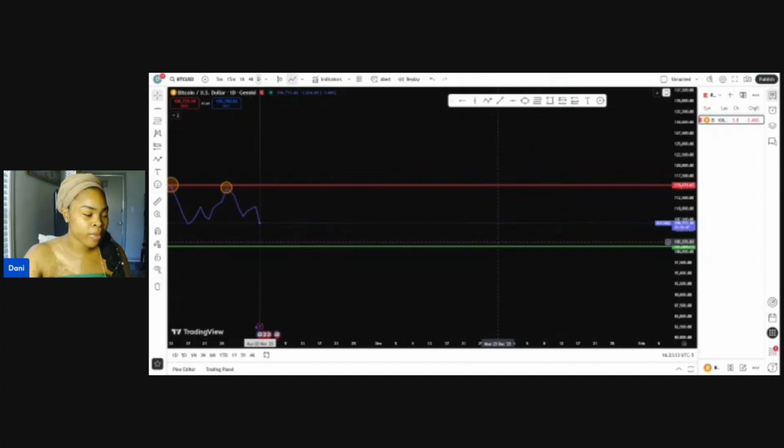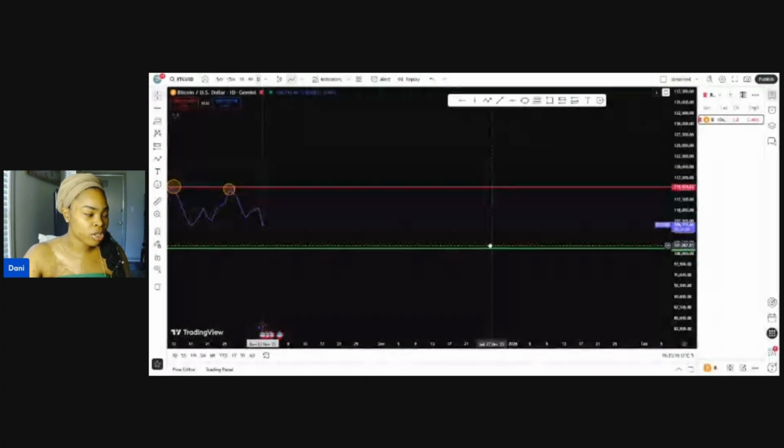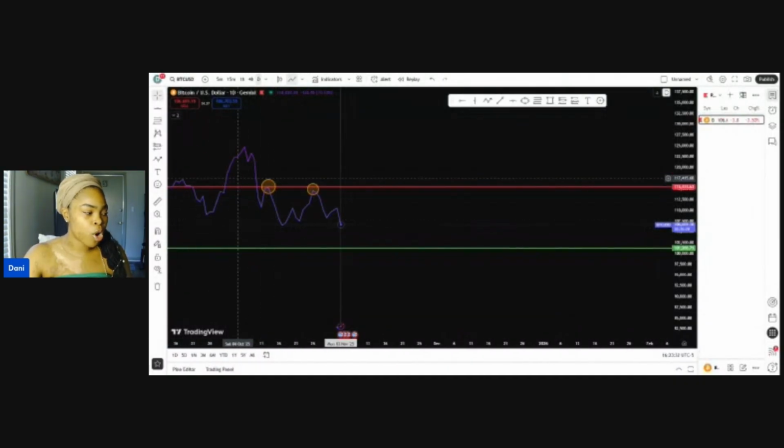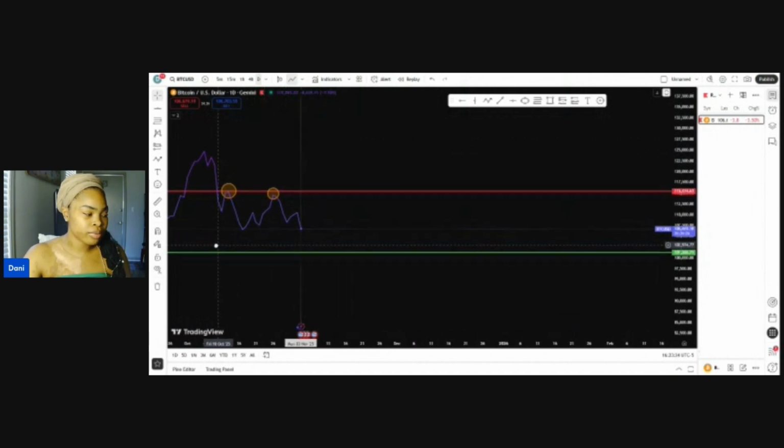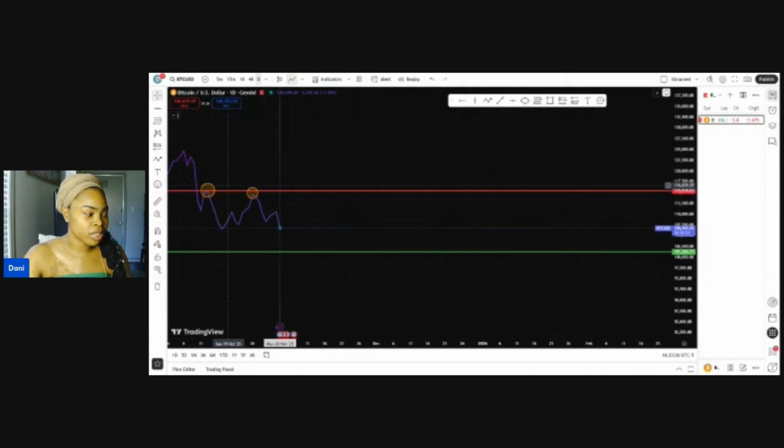I want us to zoom into where our previous swing low to swing high is all that we can see. Okay, and I want you to tell me, we have two types of trends that we can see right now. We have a sideways market, because we have equal highs and pretty equal lows for the most part, but ultimately it's a downtrend. Okay, ultimately we are in a downtrend.